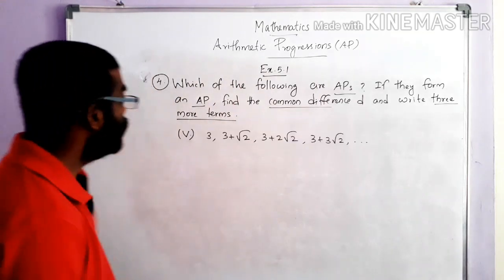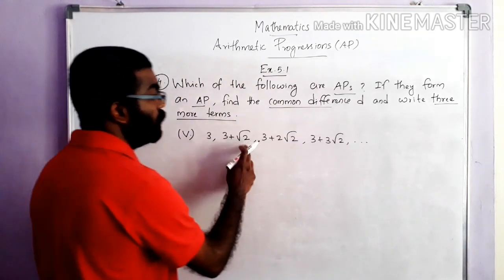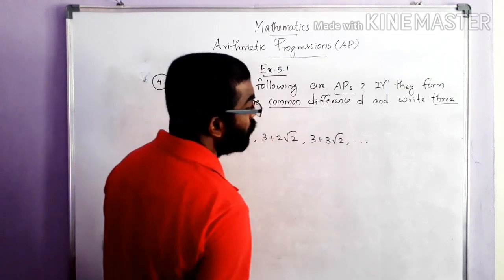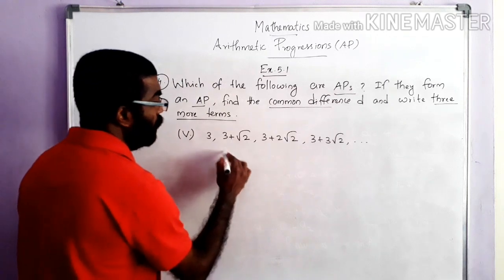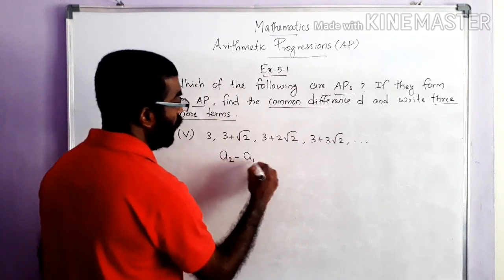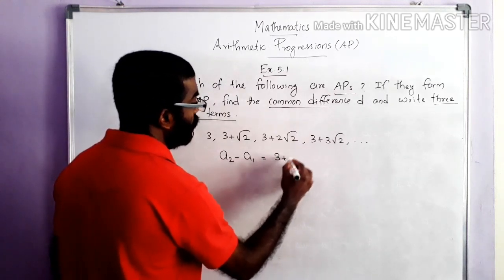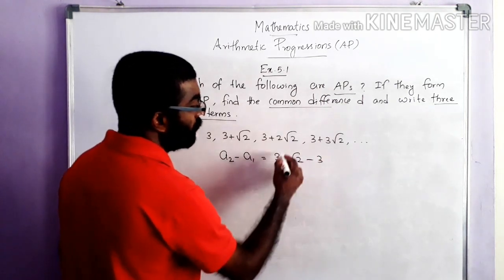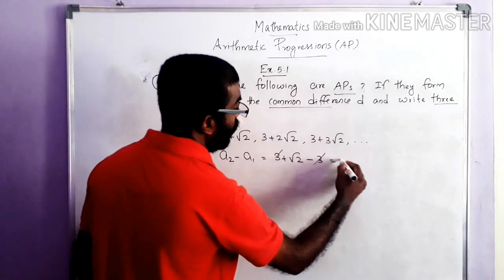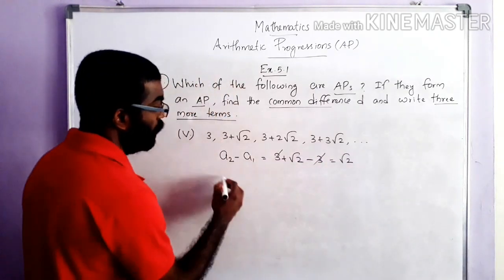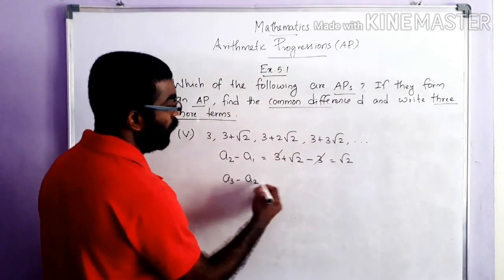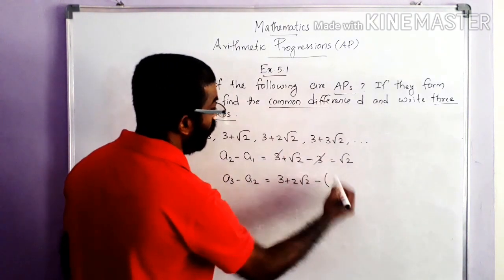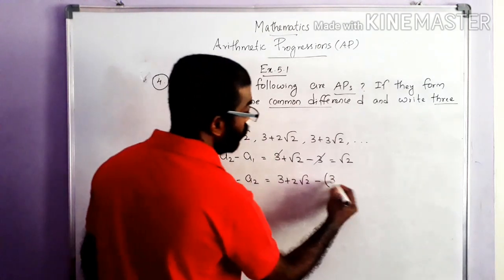The next question is 3, 3 plus root 2, 3 plus 2 root 2, 3 plus 3 root 2, etc. So A2 minus A1 here is 3 plus root 2 minus 3. Here plus 3 and minus 3 get cancelled and we get root 2. Then A3 minus A2, third term, 3 plus 2 root 2 minus of 3 plus root 2.